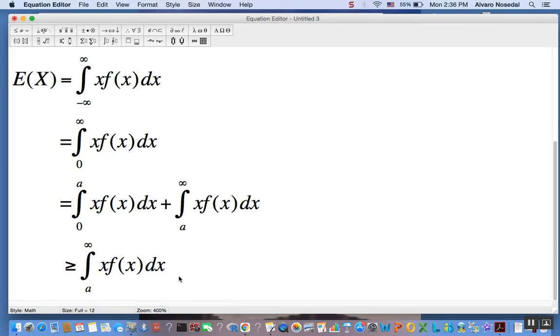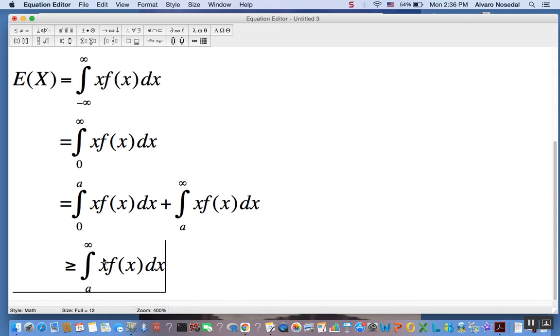Now I want you to take a look at the region where we are integrating. X is just a variable that varies from a to infinity. So the x's that we are considering here are equal to a or greater than a.